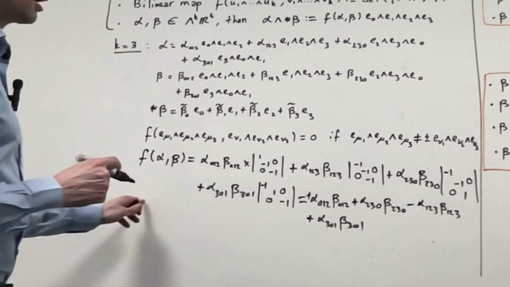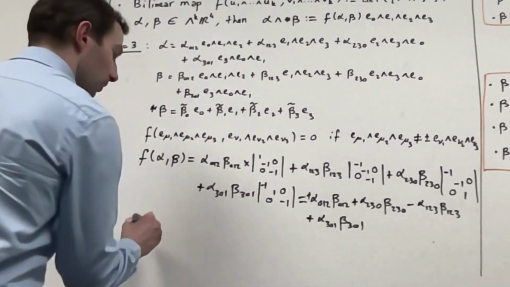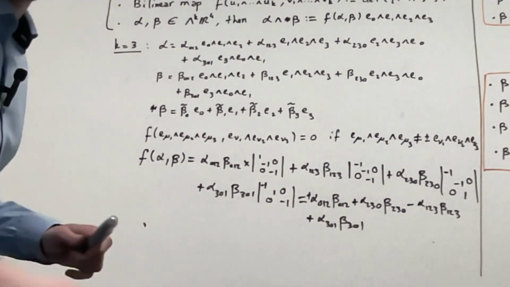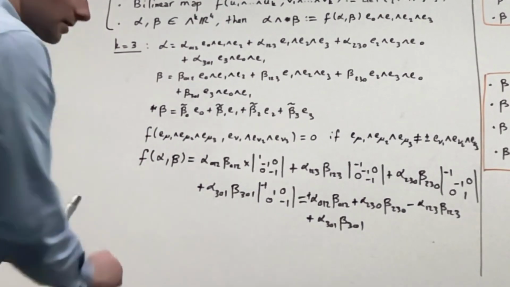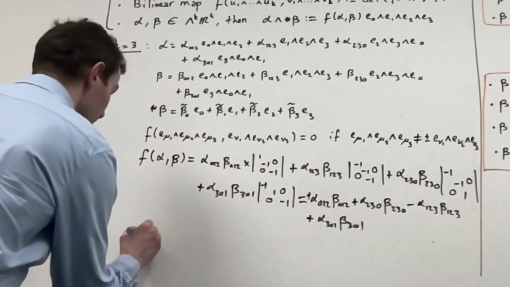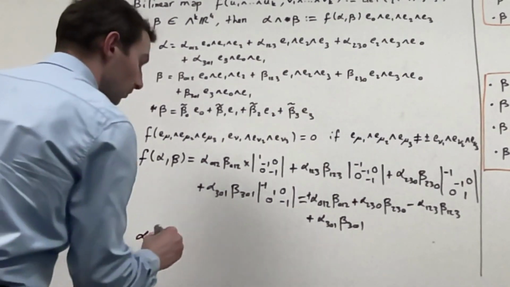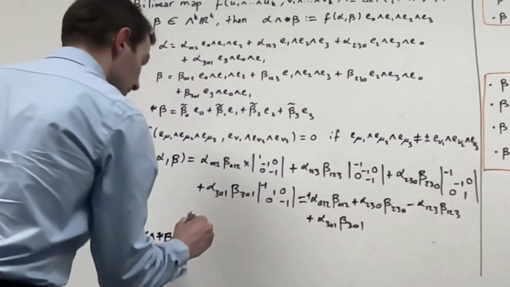out of which I basically get the following. Alpha wedge star beta is therefore going to be equal to all that.